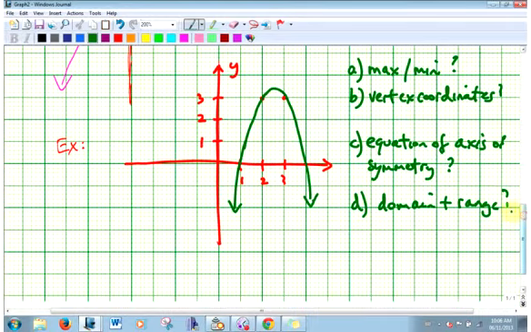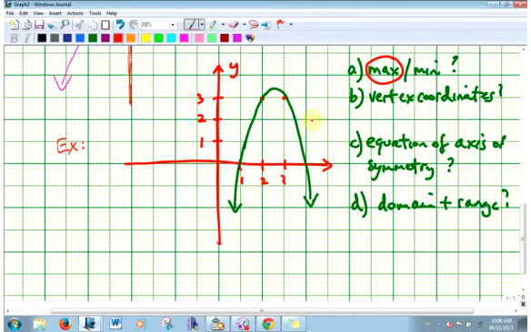Okay, easy one. Does this have a max or a min? Definitely has a max. Vertex coordinates. Is that clear-cut, or do we kind of guess, or do you need to know something else to find out where the vertex is? Yeah, it's kind of hanging up here in the middle of nowhere, isn't it?